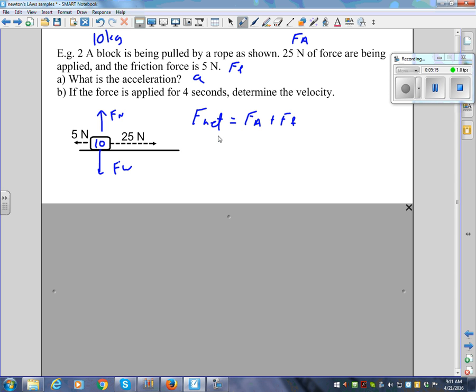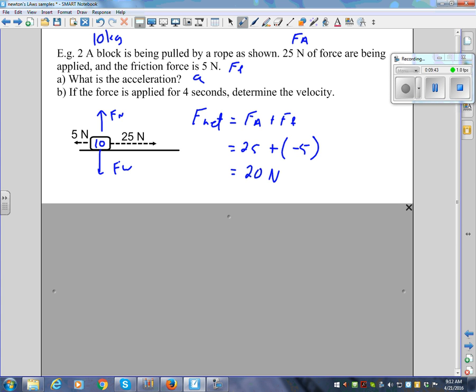Net force is add all the forces, right? So really, a better way to write it would be 25 plus minus 5. You end up subtracting, but really what you're doing is you're adding negative 5 because it's opposite. Okay? Because I don't want to get away from that idea that the net force is the sum of all forces.